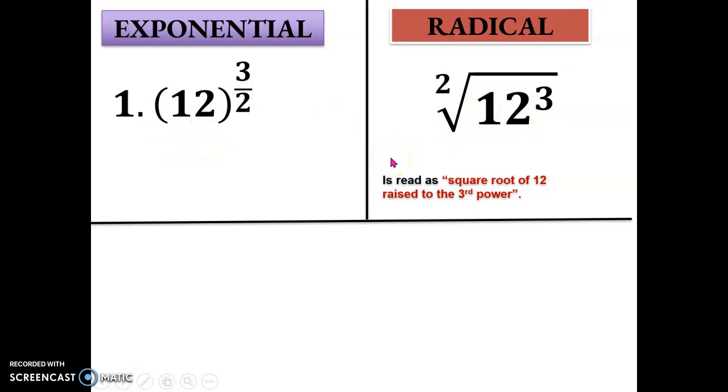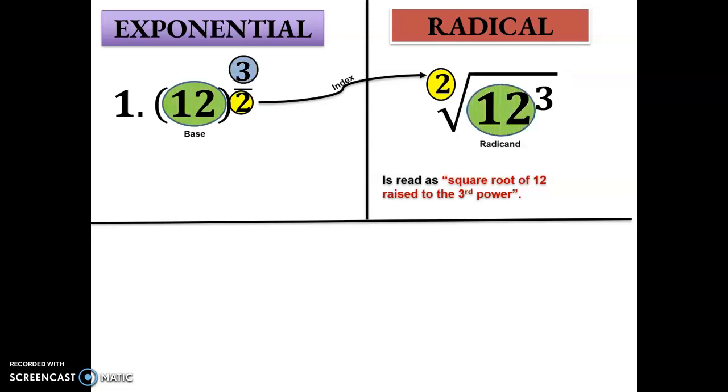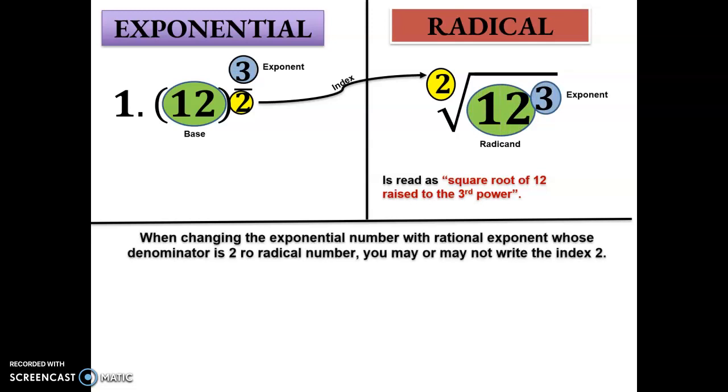So, index, ito yung base, ito yung radicand. And then, yan yung ating exponent. So, diba? Napakadali. So, when changing the exponential number to rational exponent whose denominator is 2, hindi na po natin nilalagay yung index. So, dito, nilagay ko muna para makita niyo po. Okay? Pero next time, hindi na yan ilalagay.